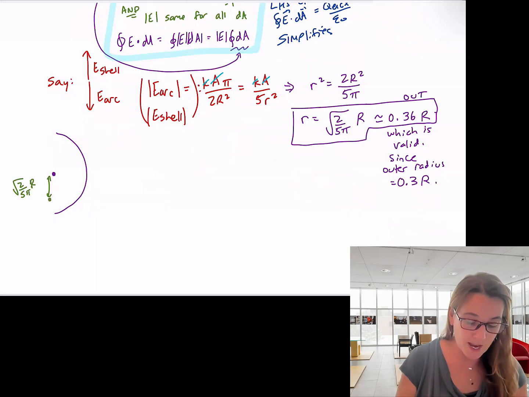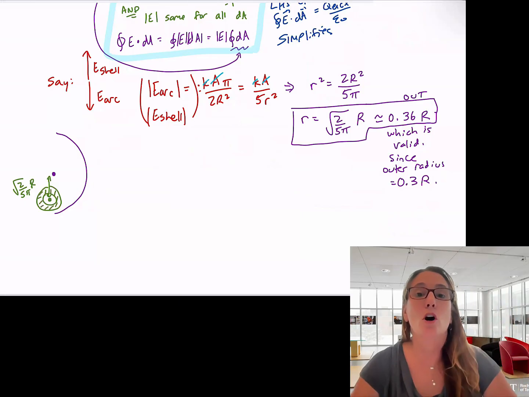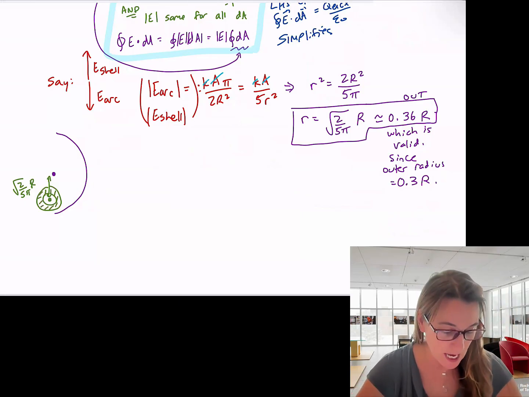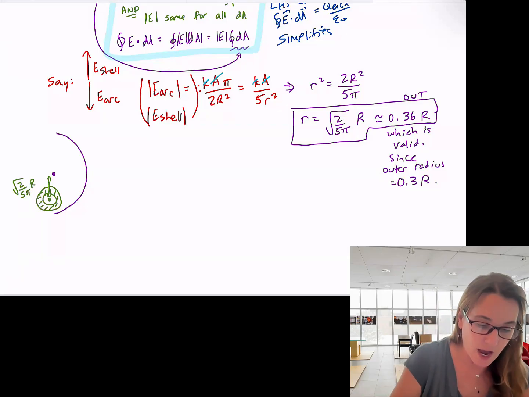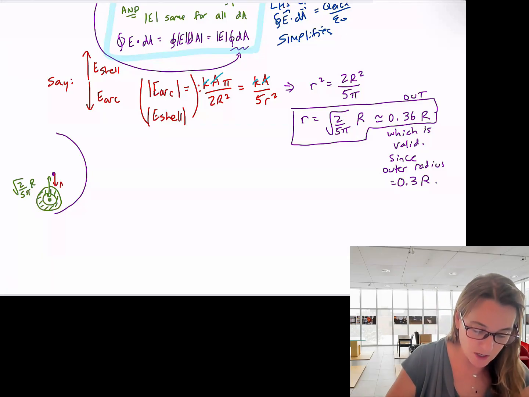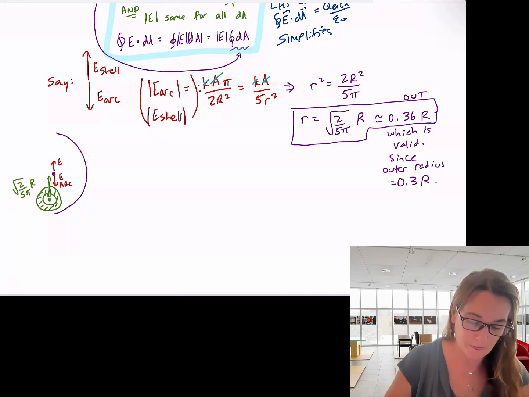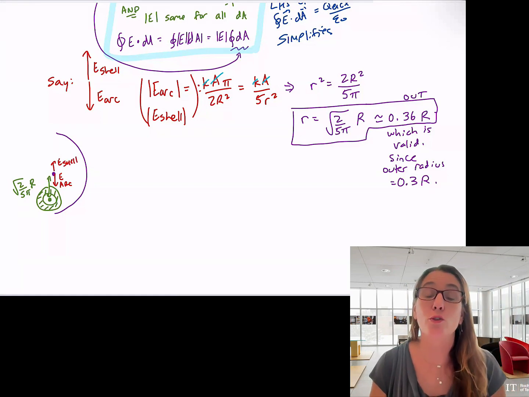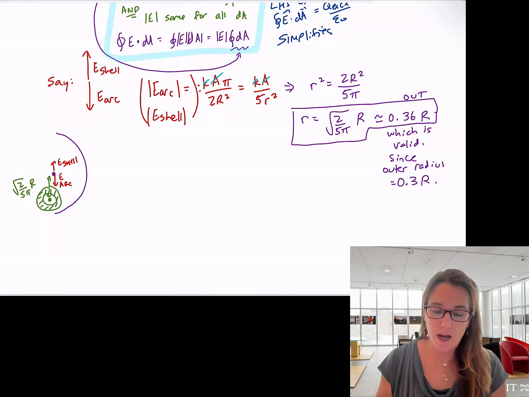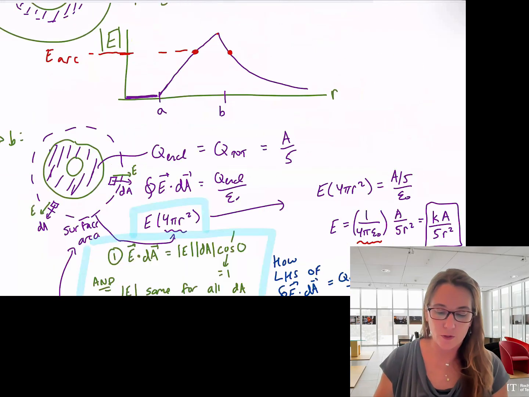We would put the center of our shell, and the shell is much smaller than the arc, so it would go into that space and create an electric field at the origin such that the electric field from the arc exactly cancels the electric field from the shell. So we have one solution, and now it's just a matter of looking at another solution.